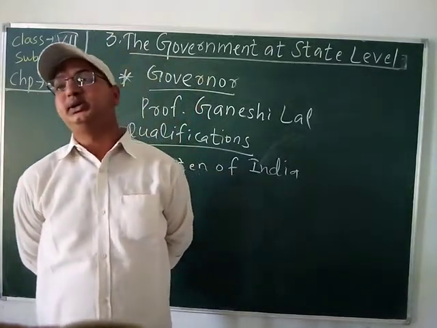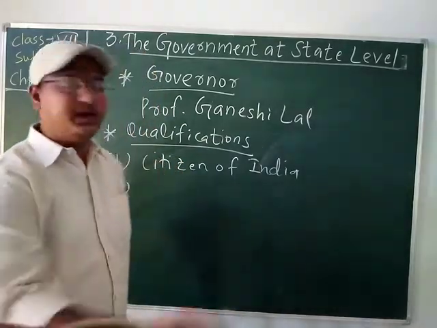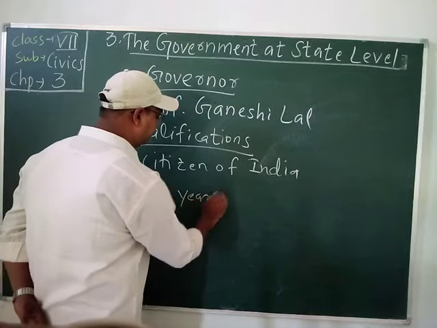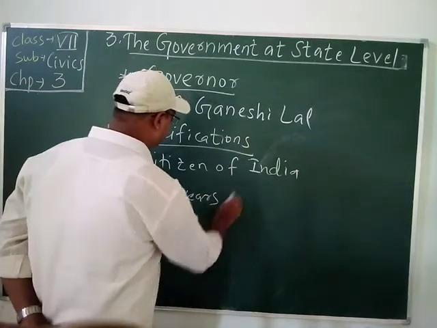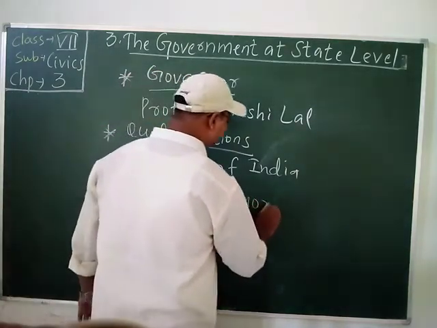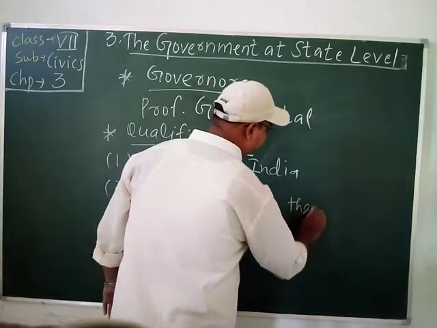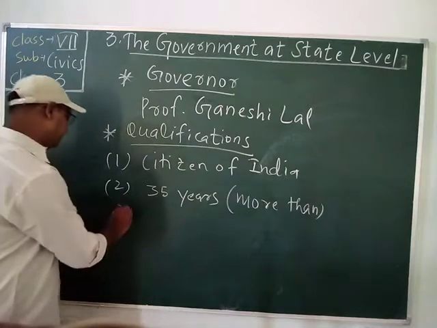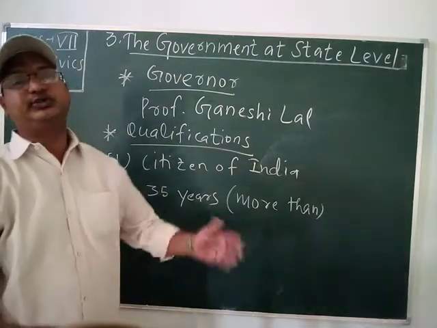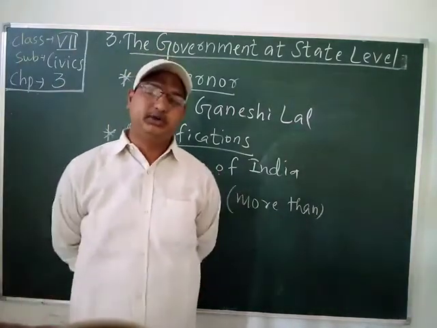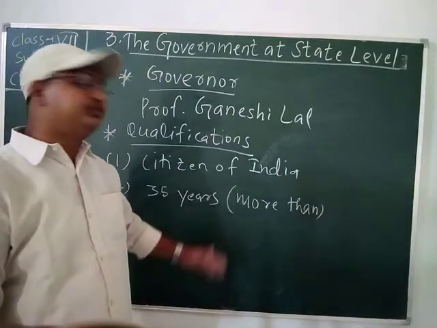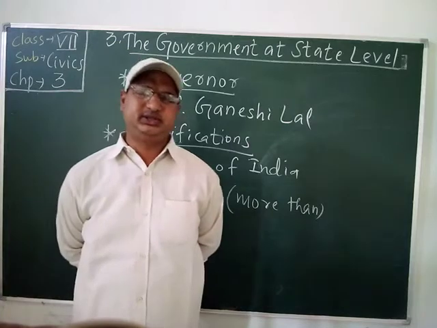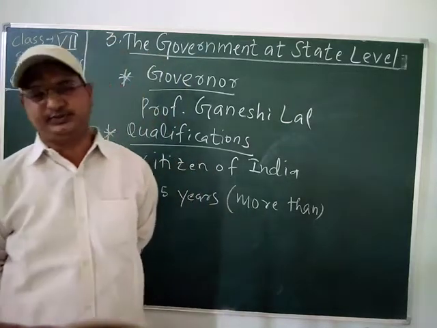And next, he must have attained the age of 35 years, more than 35 years. Friends, if a person is 30 years of age, he or she can't become governor, because the minimum qualification is 35 years. Most of the governors become governors at that old age.